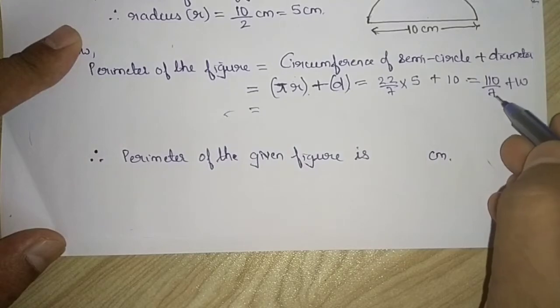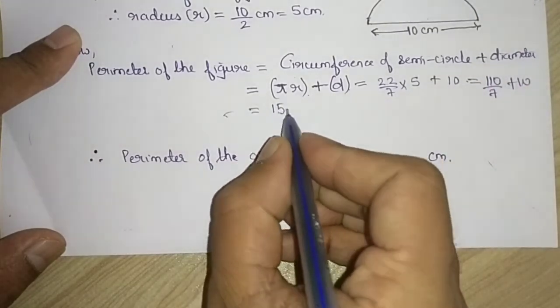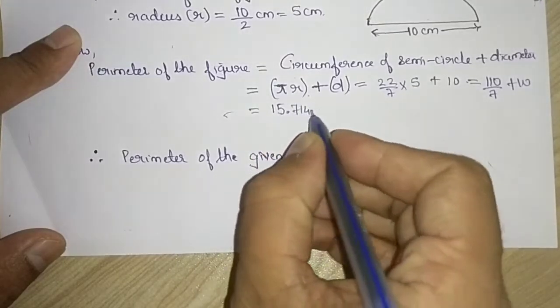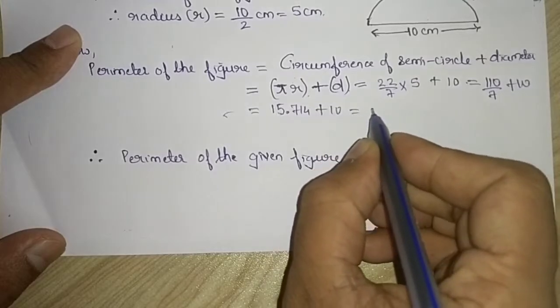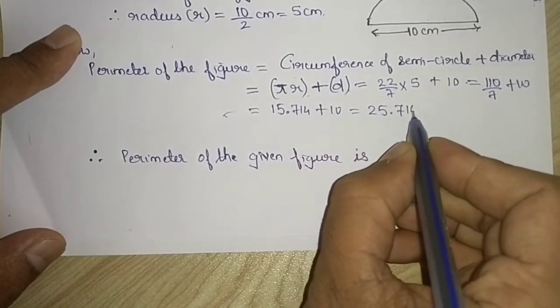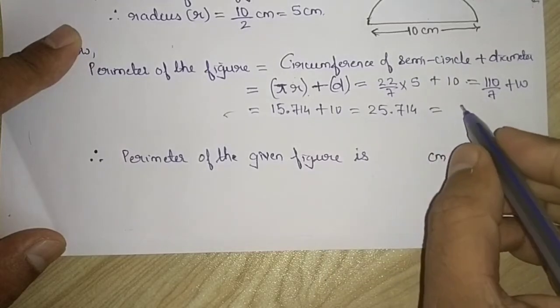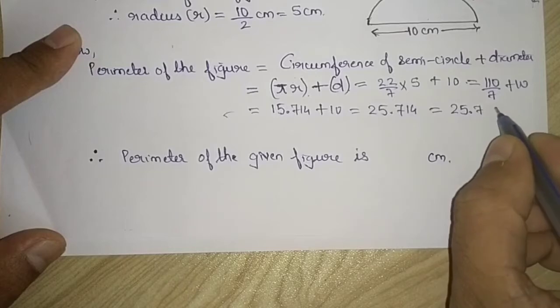When I divide 110 by 7, I will get 15.714 plus 10, which is nothing but 25.714, which I can write approximately 25.7.